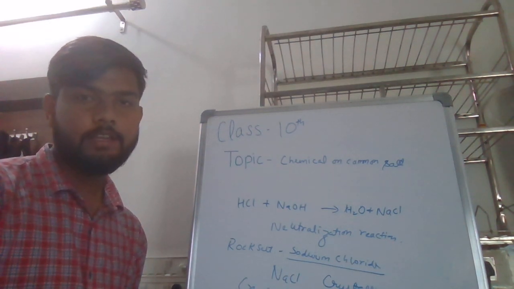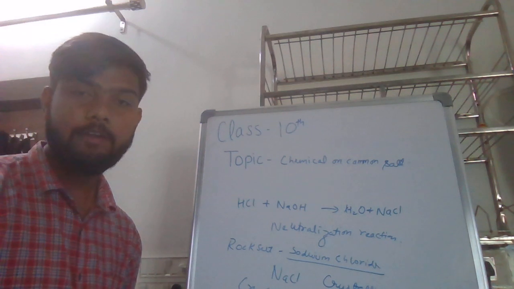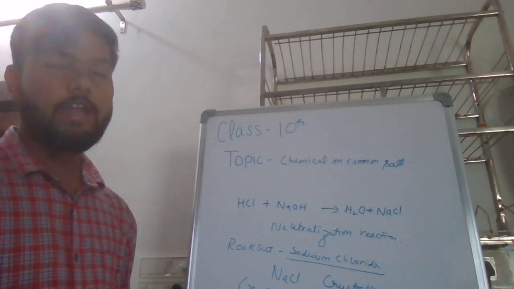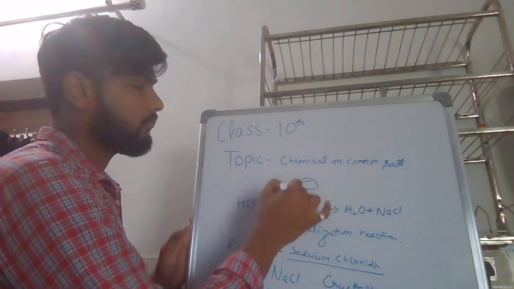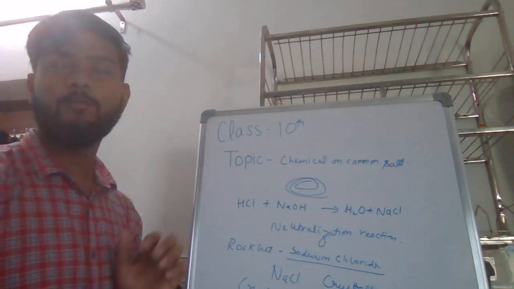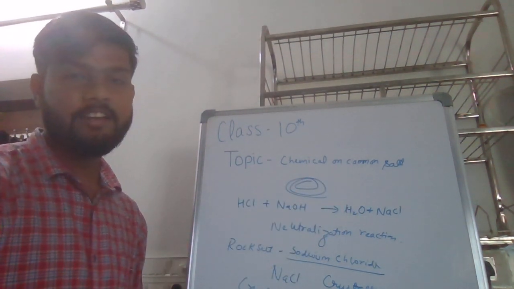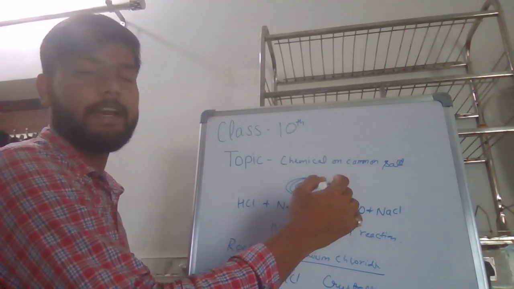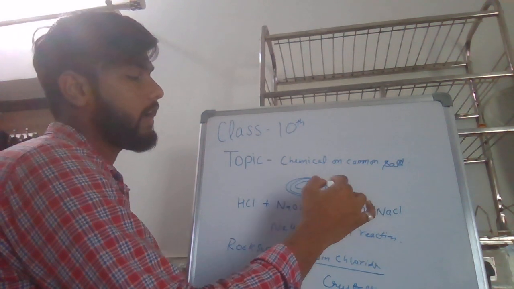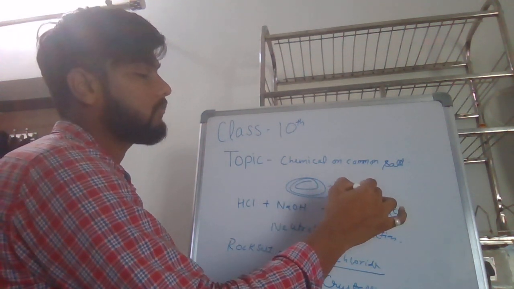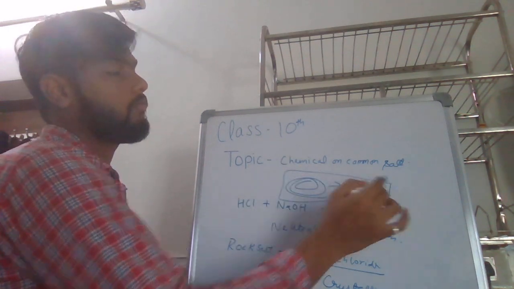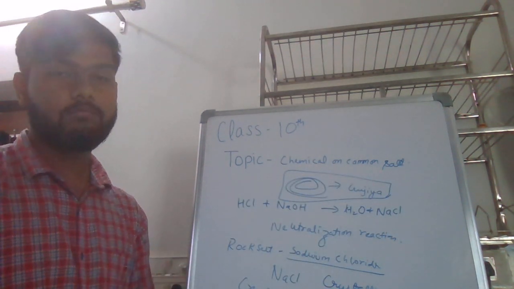Have you seen gujiya and namkeen in your home? What do we use to make these items?